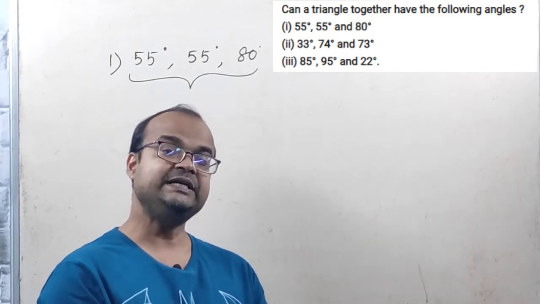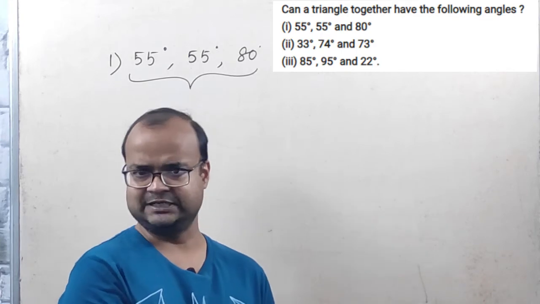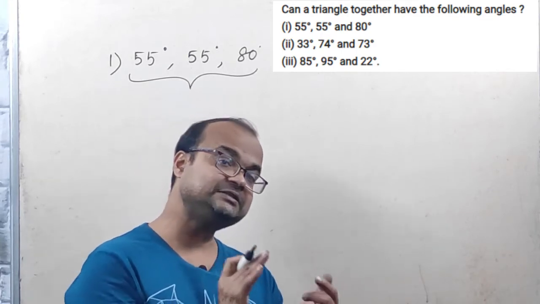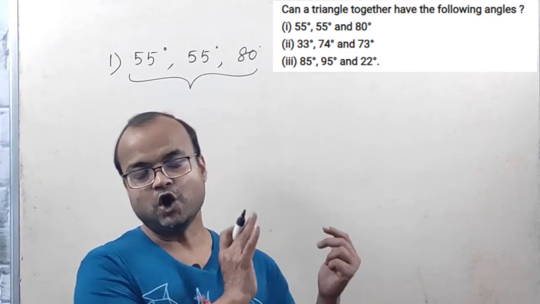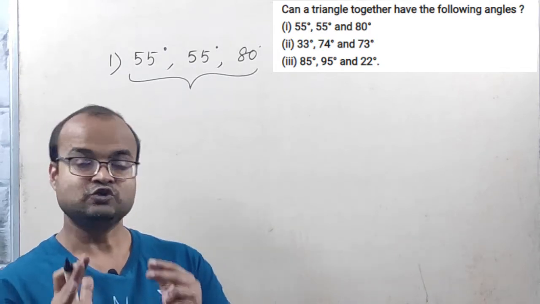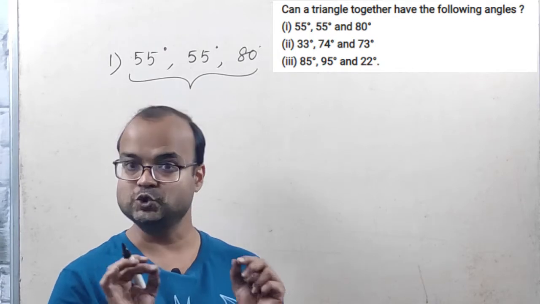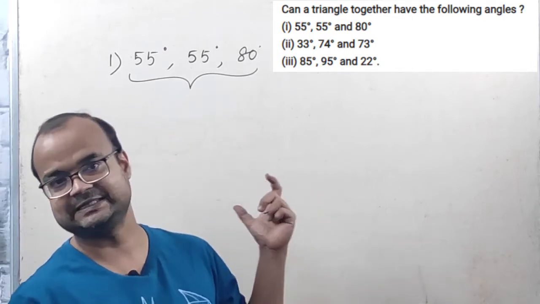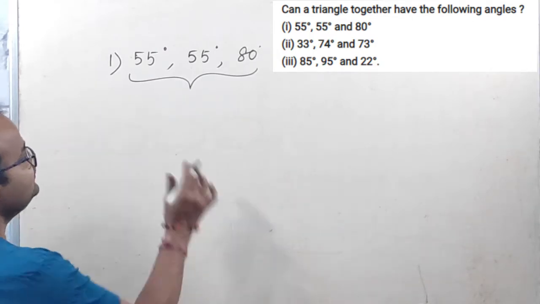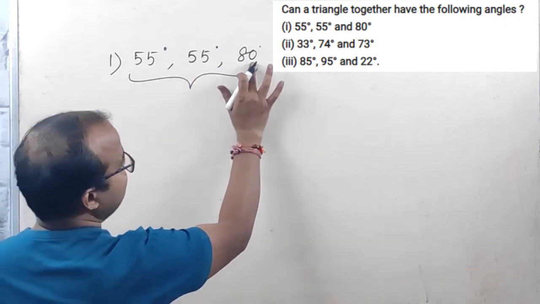If it is not equal to 180 degrees, you might get a sum greater than 180 degrees or less than 180 degrees. In both cases we say no, it is not possible to have a triangle with these sets of angles. So the first problem is 55, 55, 80.